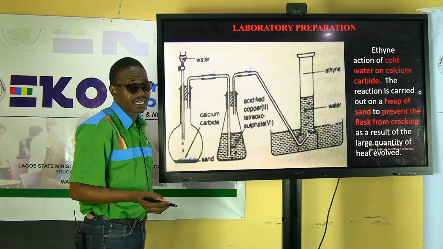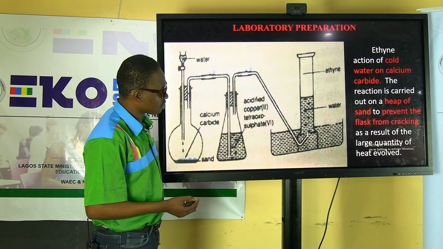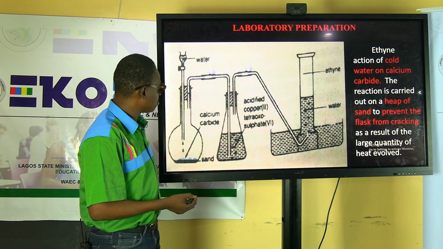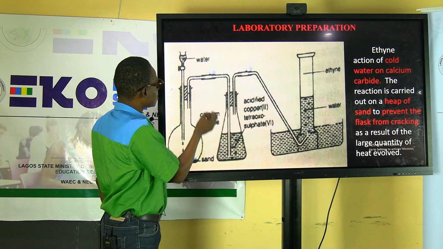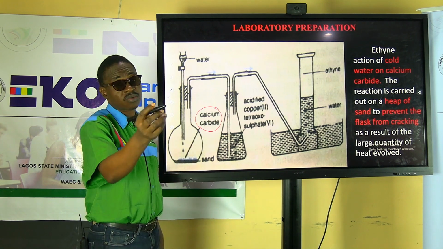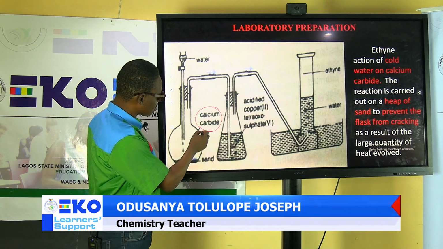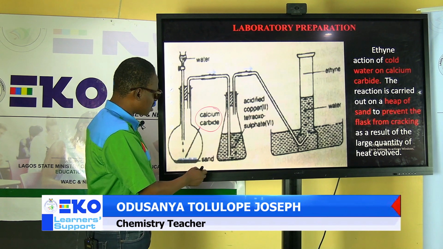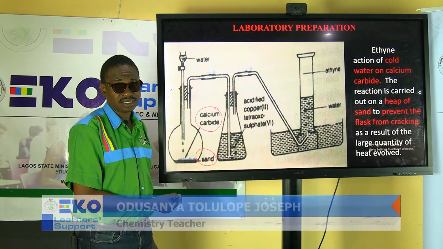Now, how do we prepare the first member in the laboratory? So you need to understand how it is being prepared. The first thing is the reagent we use in the preparation of this compound. So the reagent we use is called calcium carbide with water. So why are we adding sand to it?